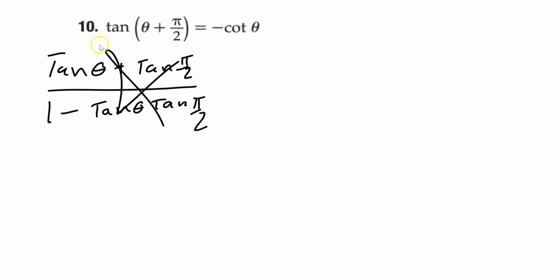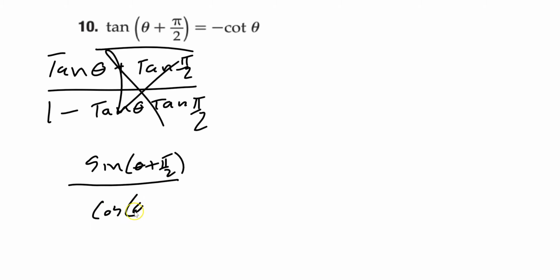So what we're going to do instead is this. Tan is the same thing as sine of theta plus pi over 2 over cosine of theta plus pi over 2. Since tan is sine over cosine, I'm going to split it up and do each one of these separately. Remember, sine is sine cosine, then you keep the sign operation.